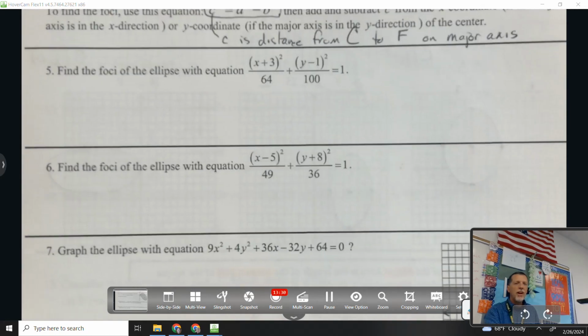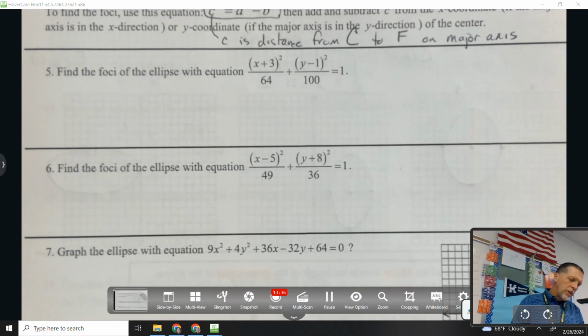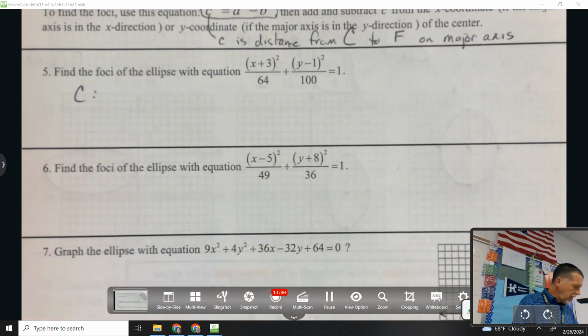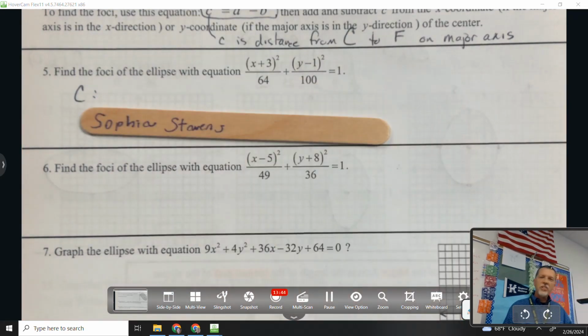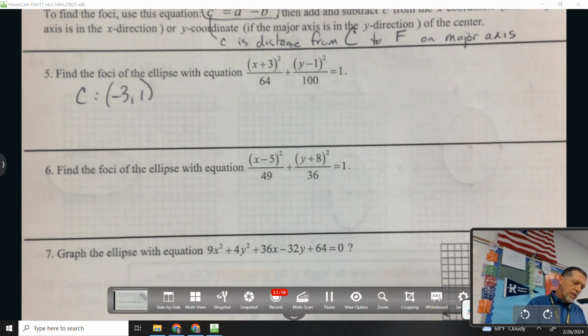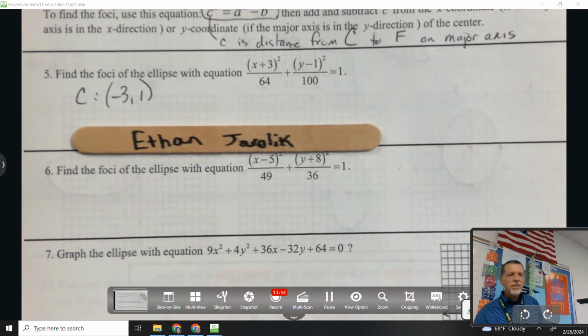Okay, so number 5. Let's find the foci of the ellipse with that equation. Okay, well I know they're going to be from the center, so let's start by finding the center. So Sophia, what's the center of that ellipse? Negative 3, 1. Ethan, am I going to be going left and right or up and down?